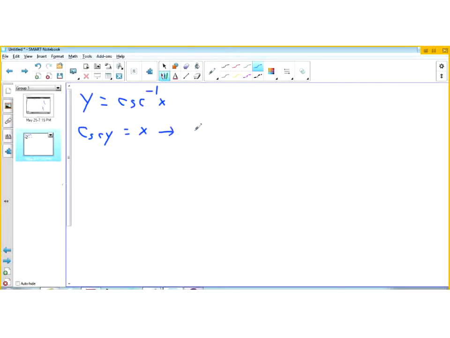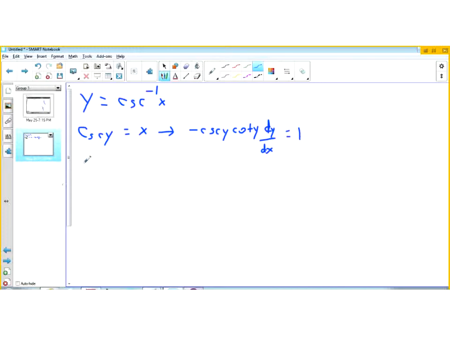And then we'll use implicit differentiation. So we know that the derivative of the cosecant function is minus cosecant y cotangent y times dy over dx. I have to use the chain rule. Don't forget the chain rule. This is equal to 1.